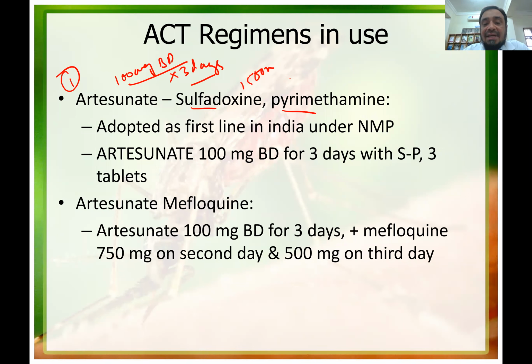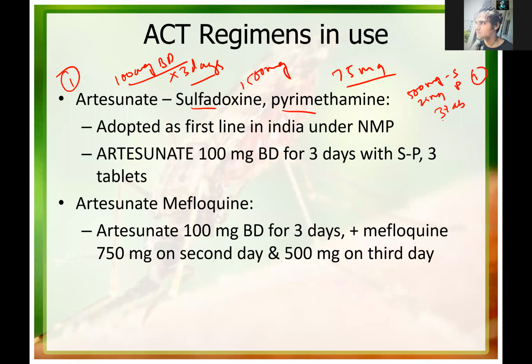Sulfadoxine is 1500 milligram and pyrimethamine is 75 milligram. The tablet of sulfadoxine pyrimethamine is a fixed dose combination having 500 milligram of sulfadoxine and 25 milligram of pyrimethamine. This is one tablet. So 3 tablets of sulfadoxine pyrimethamine should be taken as a single dose, along with artesunate 100 milligram BD for 3 days.